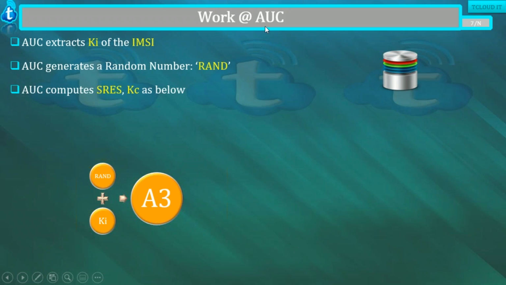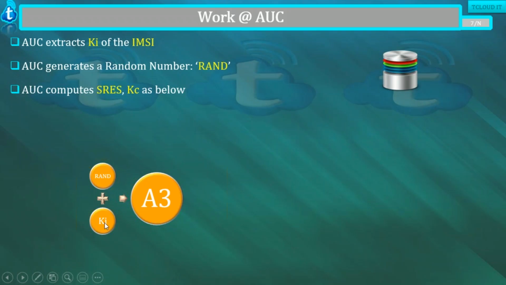So this authentication center passes this random number, the first parameter, and the key of the mobile user into an algorithm called A3. A3 is a software algorithm which has some mathematical steps and takes two inputs.